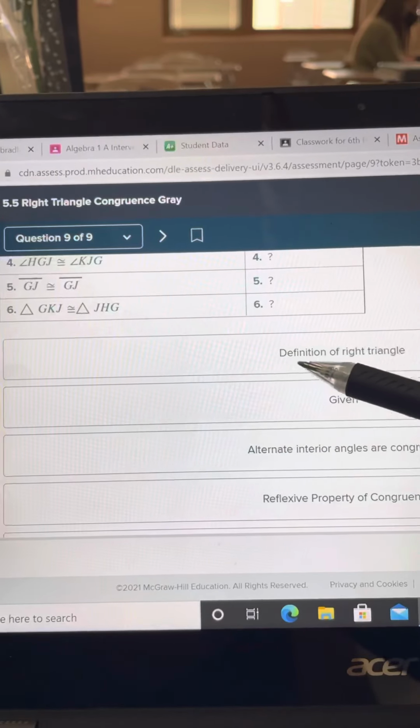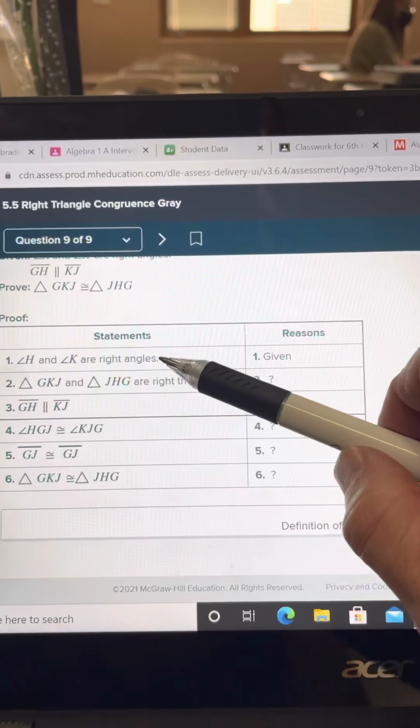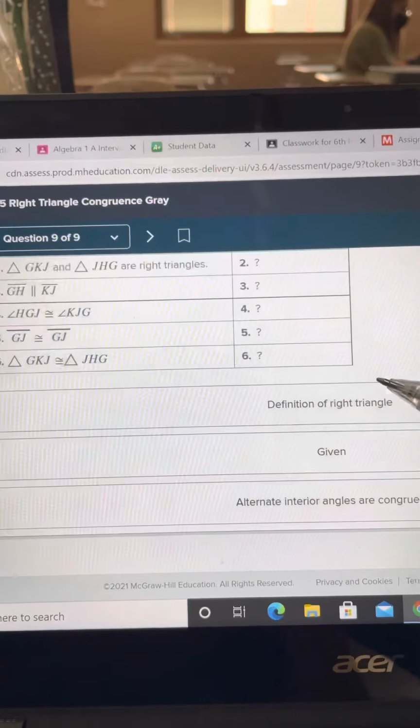That is, first of all, the definition of a right triangle, given that these two from number 1 are right angles. So that's why that works there.